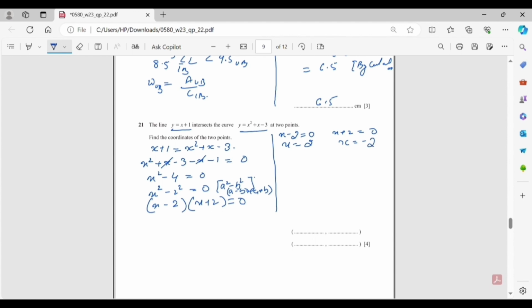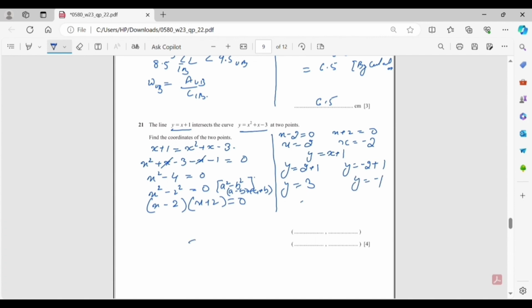When x is equal to 2, find the y value. Now y is equal to x plus 1. So y will be equal to 2 plus 1, and y will be equal to minus 2 plus 1. So y will be equal to 3 and y is equal to minus 1.